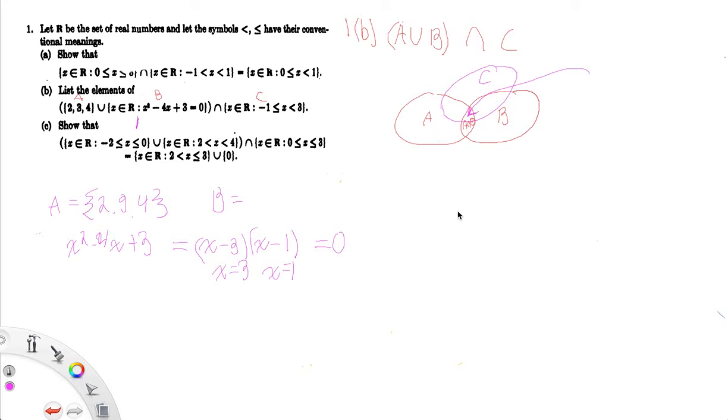Okay, so the union of A and B, and just in general the union of x and y, as you might know, is all the elements in x, or all the elements in y, or both.